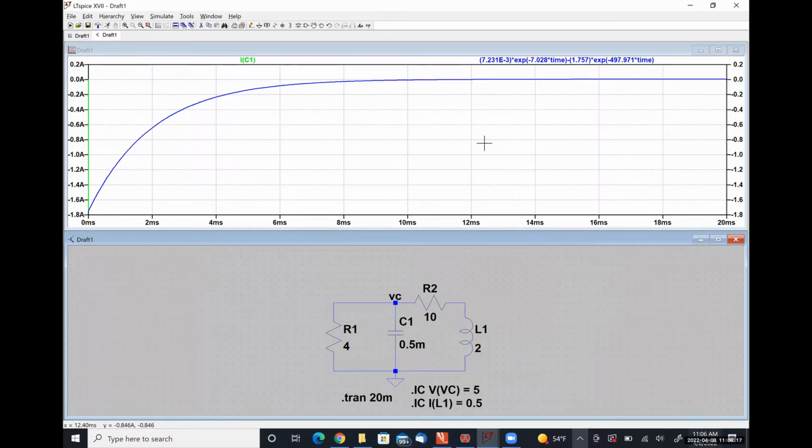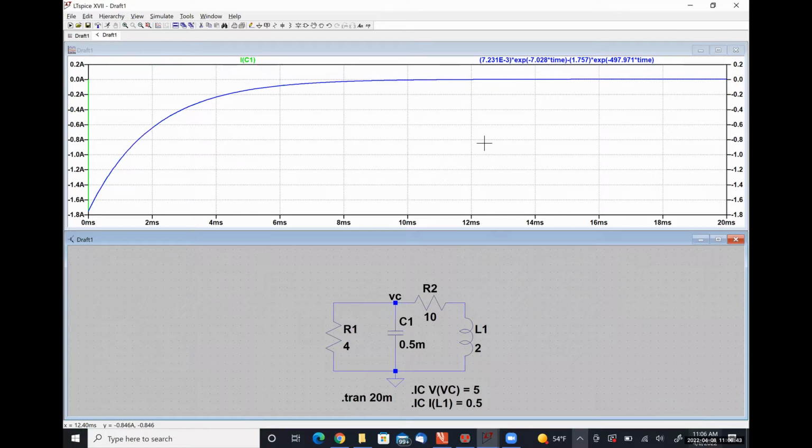So if all of our analysis matches, then obviously we got our second order differential equation correct. If the simulation does not match our analytical solution, then it's a little bit more tedious figuring out, okay, did I make a mistake in the analysis at t is equal to 0 minus or t is equal to 0 plus?